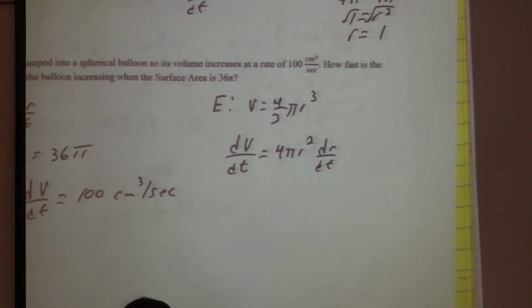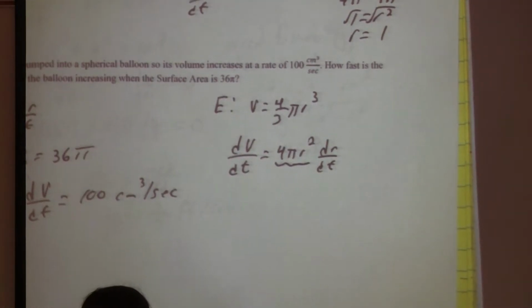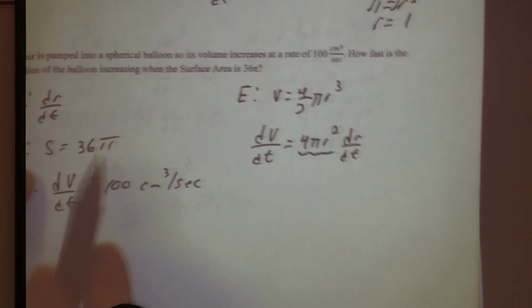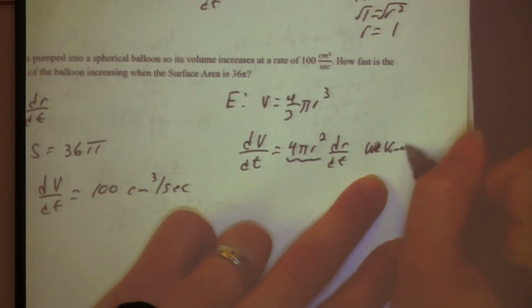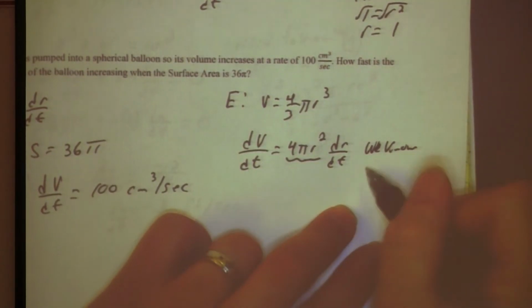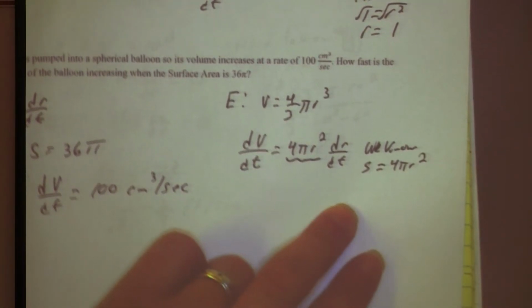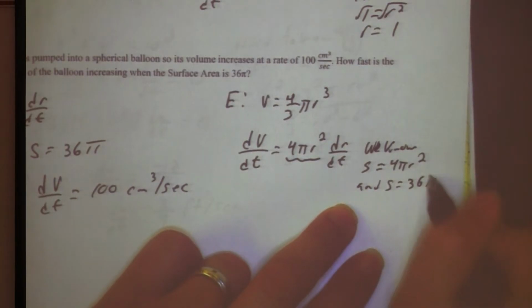So that means we could get all of this right here and replace it with the surface area, which is 36 pi. So I'm going to write a note for that, okay? We know that S is equal to 4 pi r squared, and S is equal to 36 pi in this particular problem.